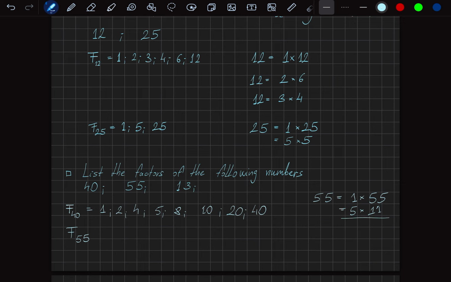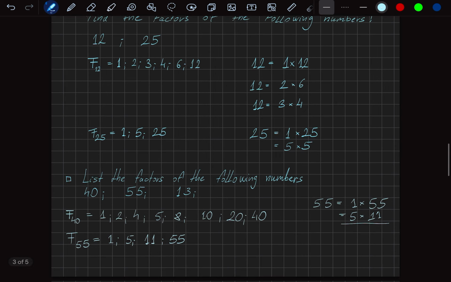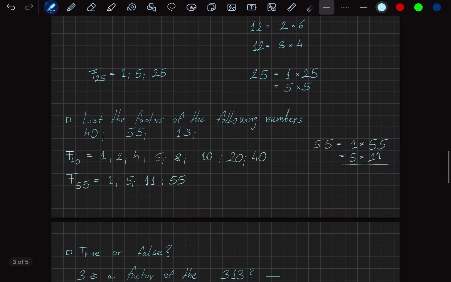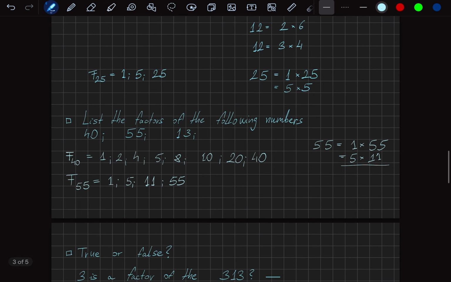So it has just 4 factors: 1, 5, 11, and 55. Every number has a minimum of 2 factors, except 1, because it has just 1. And 0 has nothing, because we cannot divide by 0.